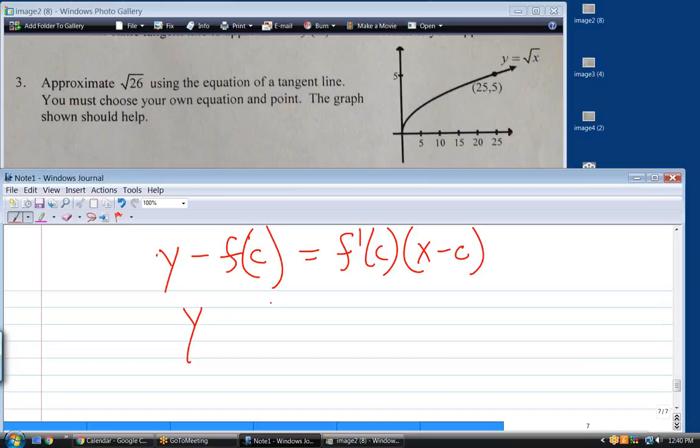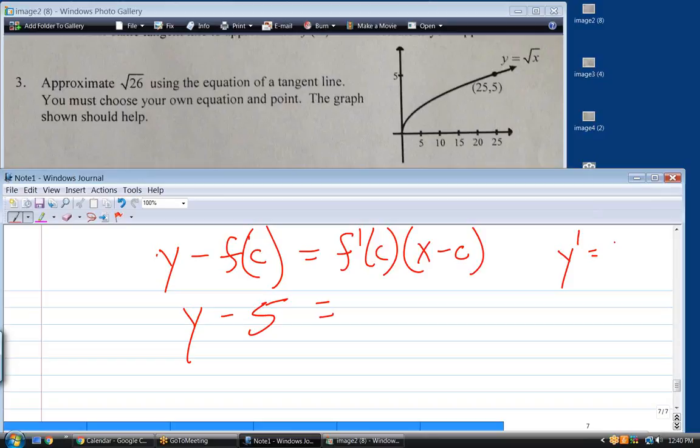So y minus 5, because f of 25 is 5, according to this point. What's the slope evaluated at 25 equal to? What's y prime, first of all? If y is x to the 1/2, what is y prime?